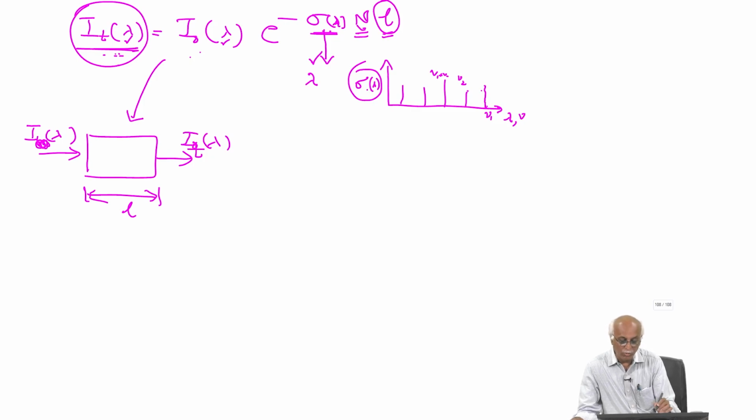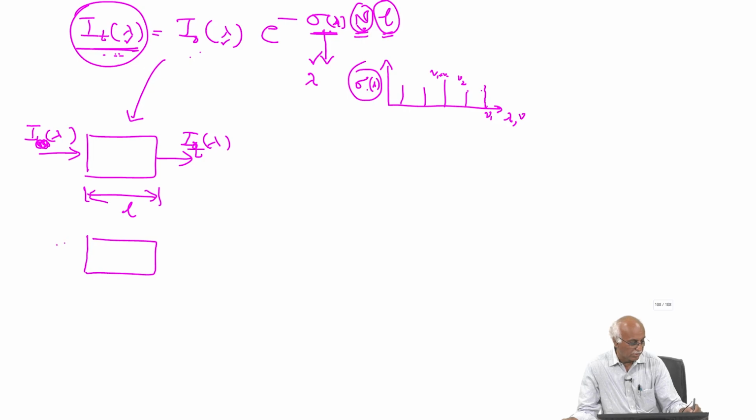However, as I told you, if n is very small, absorption is going to be very small. So, the transmission intensity will not change much with respect to I_0 lambda. So, the measurement sensitivity will get affected. To improve this, we can use a multipass cell.